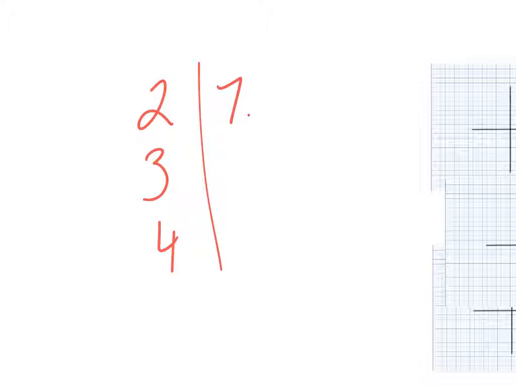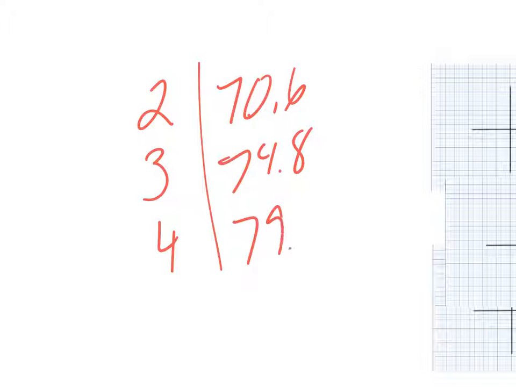To start with, we have a little review of regression. So if I gave you two numbers, 2, pausing a second. All right. So let's say we had 2, 3, and 4, and 70.6, 74.8, and 79.1.